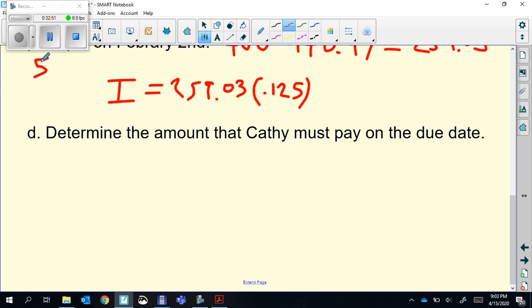So from day 5 to day 33, that is 28 days. So we'll put the 28 days, again, out of 360. That's what they said they use for calculating this.